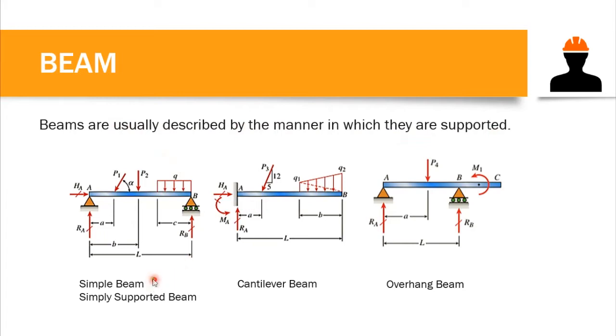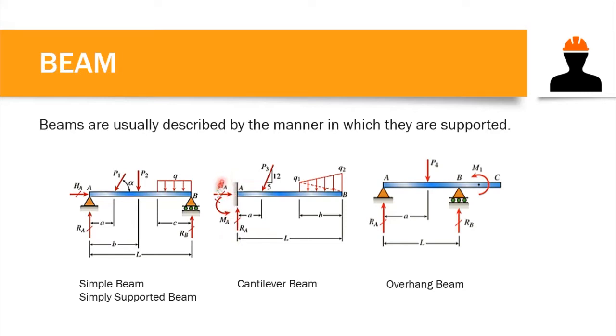For example, this type of beam we name a simple beam or simply supported beam, since it has a pinned support at one end and a roller support at the other end. This one is a cantilever beam, where only one end is supported, with a fixed support.